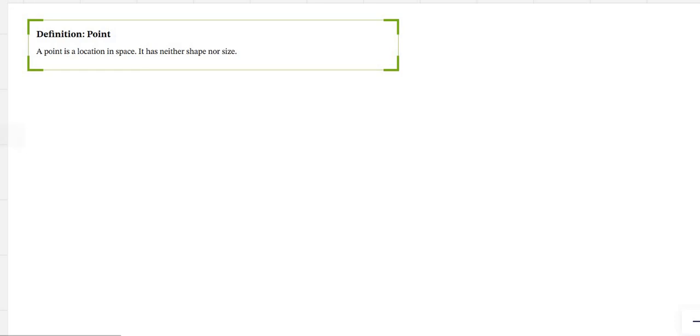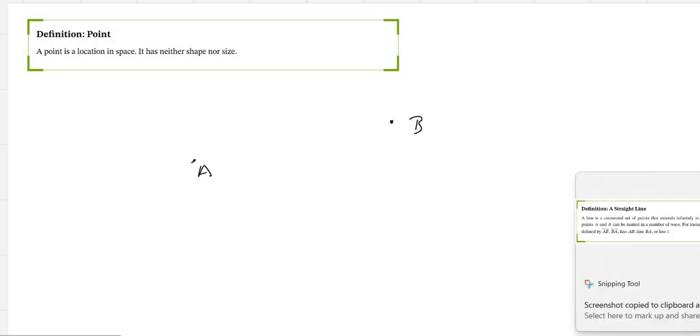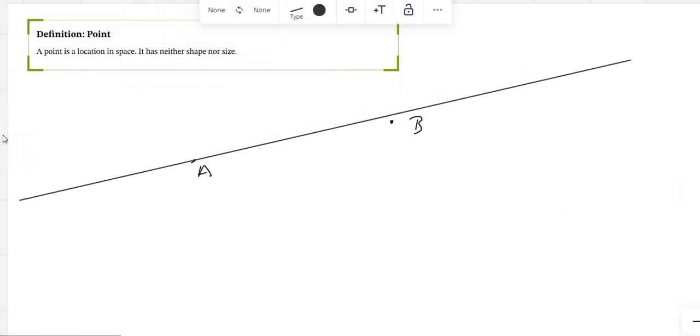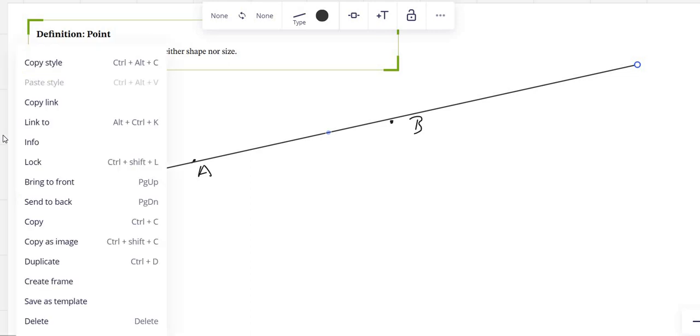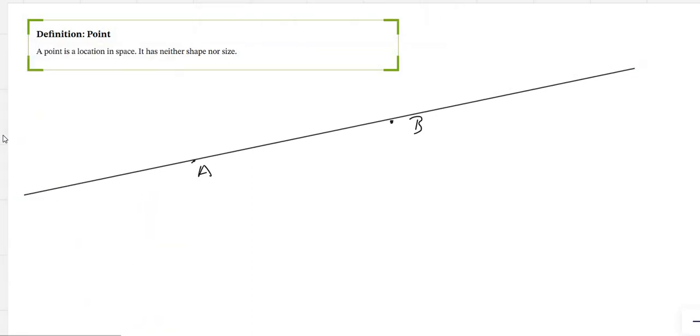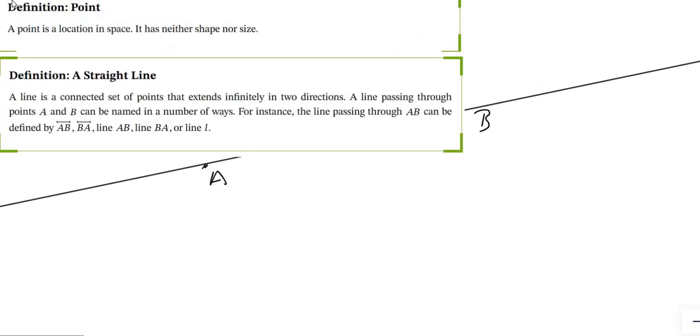So let's say, for example, that I have this point here, it's called A, and I have this point here, it's called B. These two points can be connected with a line. For example, this is a line that connects both points. So now what is important is the definition of a line. As the definition of a straight line, a line is a connected set of points that extends infinitely in two directions.